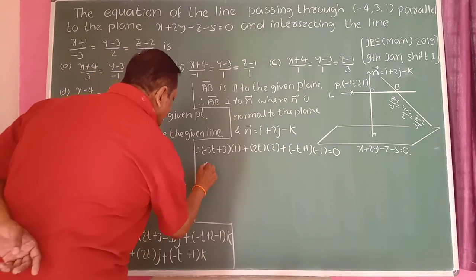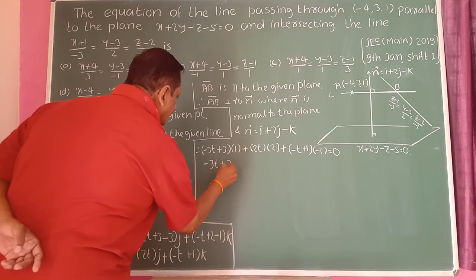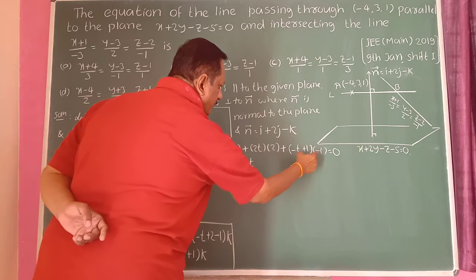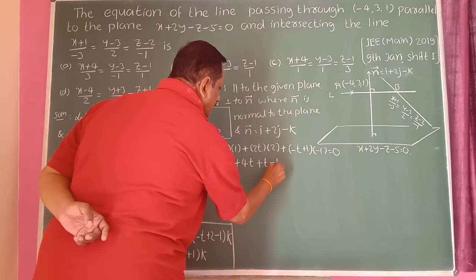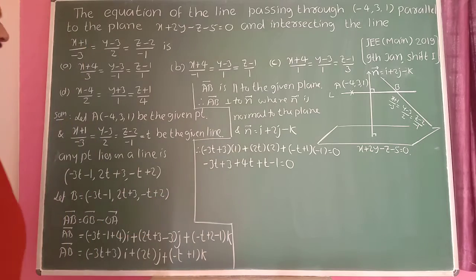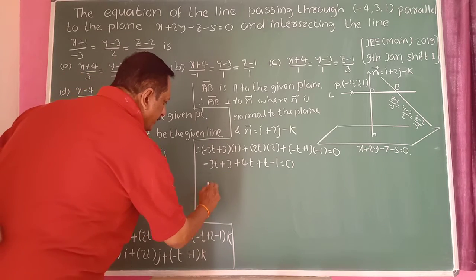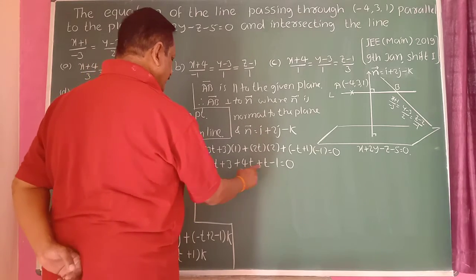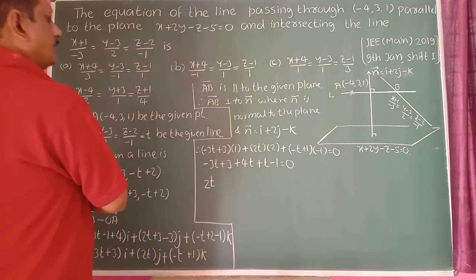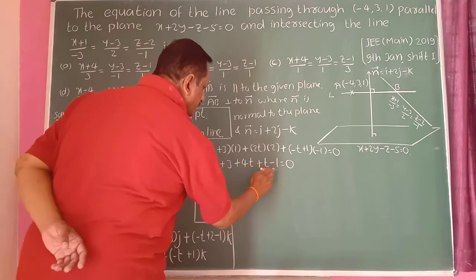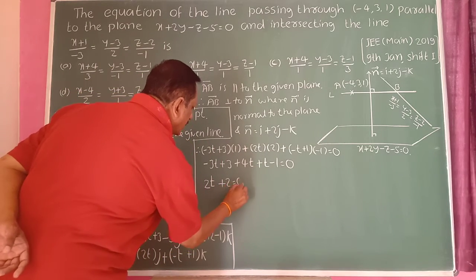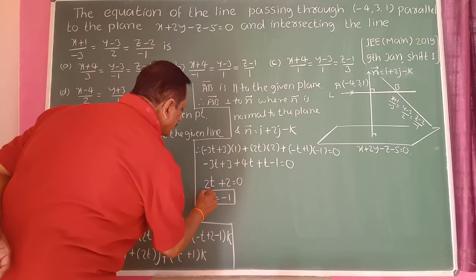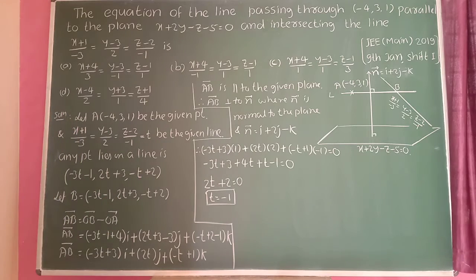Therefore -3t + 3, then 2 times 2 is 4, so 4t, then minus times minus becomes plus, so + t - 1 = 0. Then 4t - 3t becomes t, t + t becomes 2t, and 3 - 1 becomes 2. So 2t + 2 = 0. Hence t = -1. The value of t is -1.